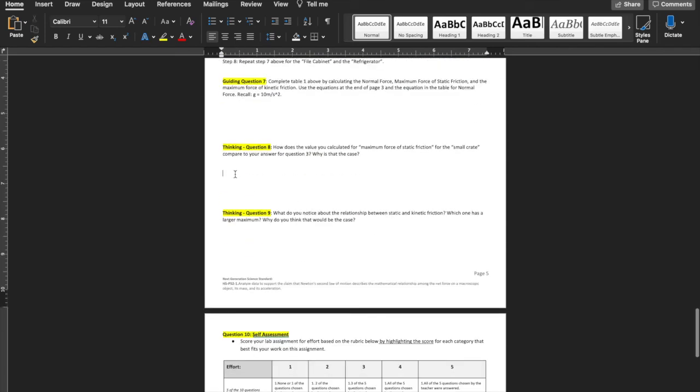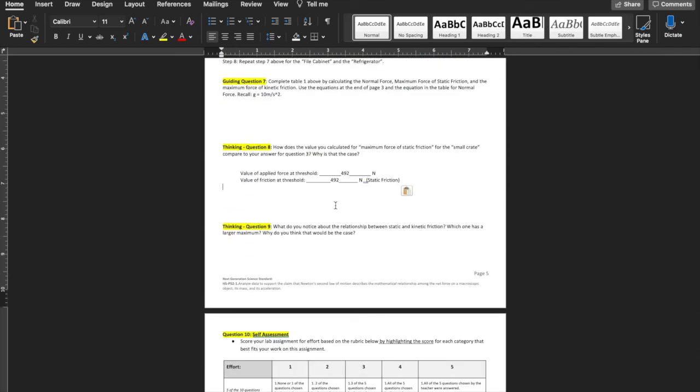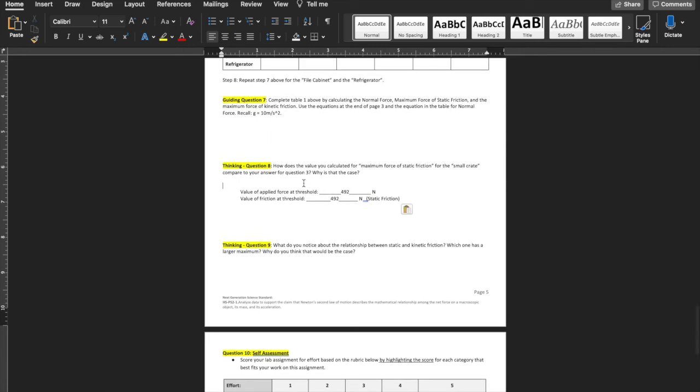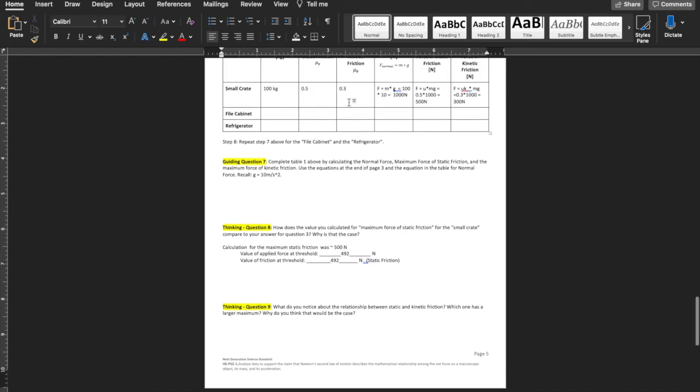The maximum force was 492 newtons, whereas our calculation for the maximum static friction was basically 500 newtons. All right, we got that from the table above.